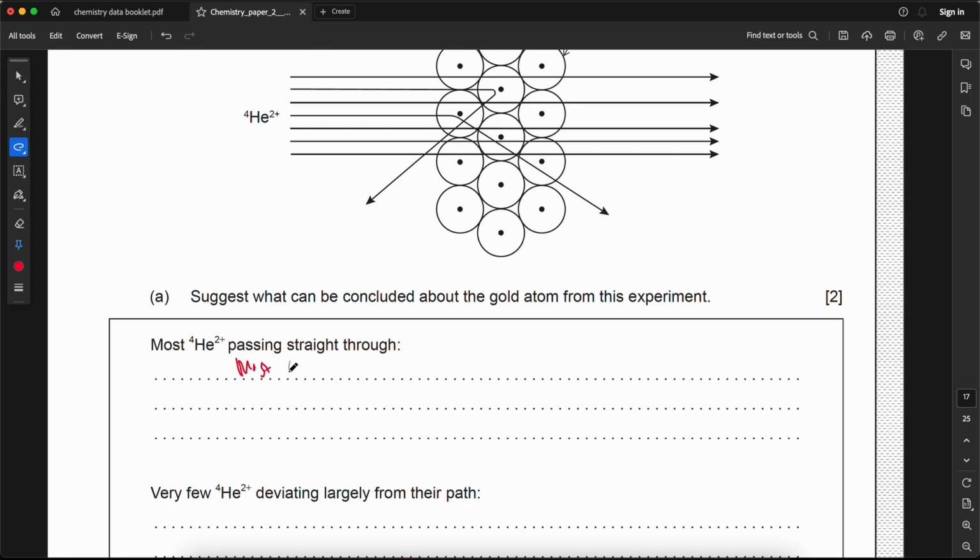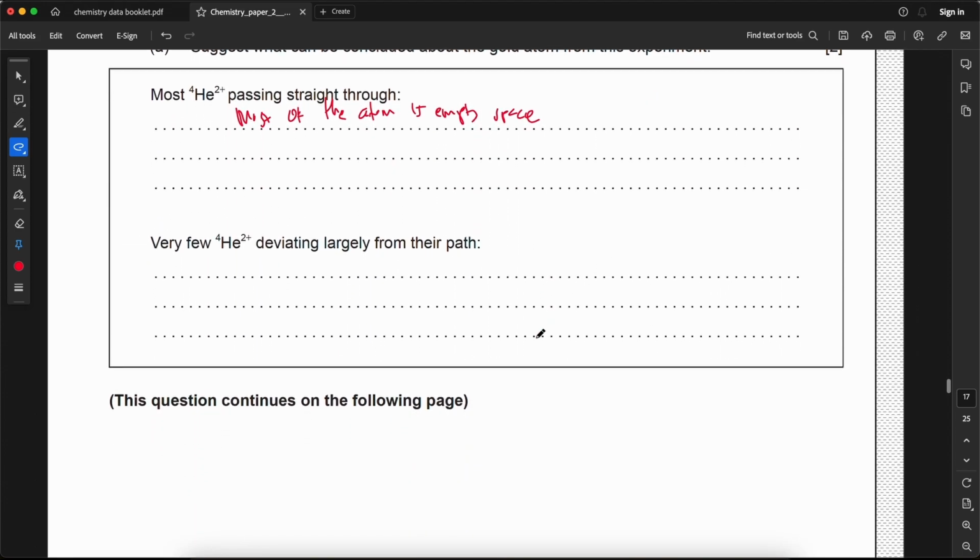Most of the atom is empty space. Very few helium nuclei deviate largely from their path, because the nucleus is very small and dense compared to the size of the atom.